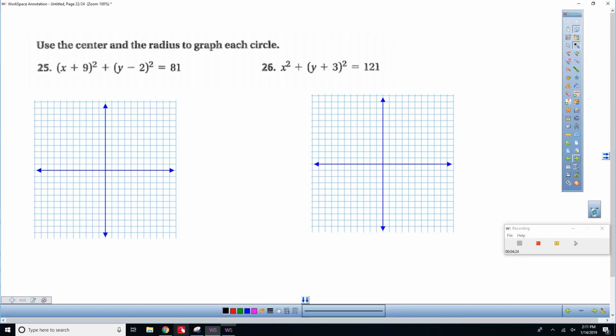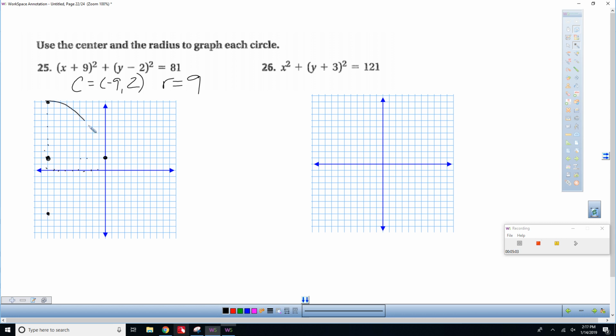Okay, let's graph these. So here, what's the center? The center is negative 9, comma positive 2, and the radius is 9. So I go left 9, up 2, and the radius is 9. Well, that's going to be kind of hard. So let's see, 1, 2, 3, 4, 5, 6, 7, 8, 9. Up 9, 1, 2, 3, 4, 5, 6, 7, 8, 9. Down 9.